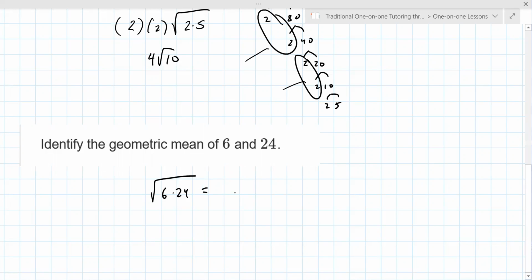Yes. What did you get? 144. This is a known square root. So sometimes you just know it because you look at squares and square roots reference sheet. So that's just 12.